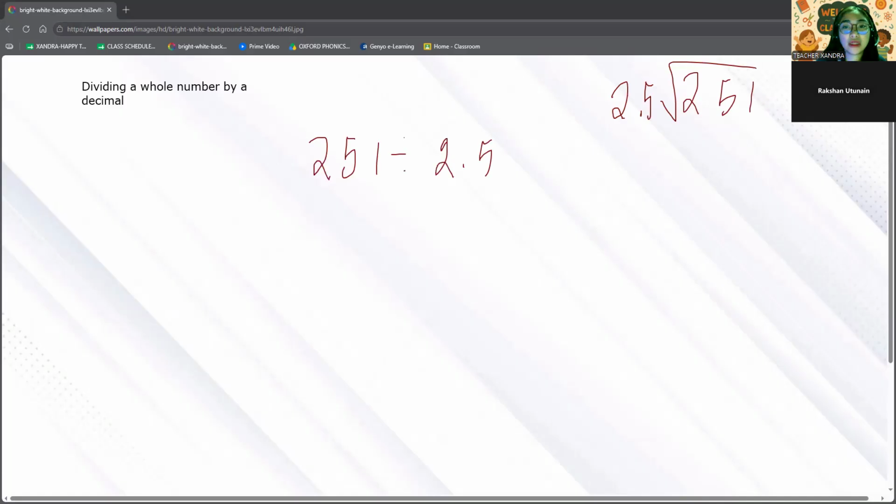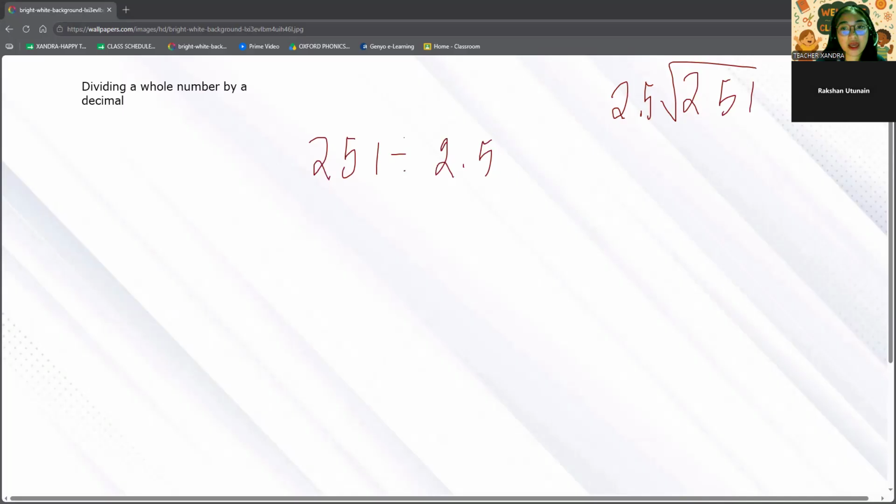How many moves will it take to make our divisor a whole number? You move it once.